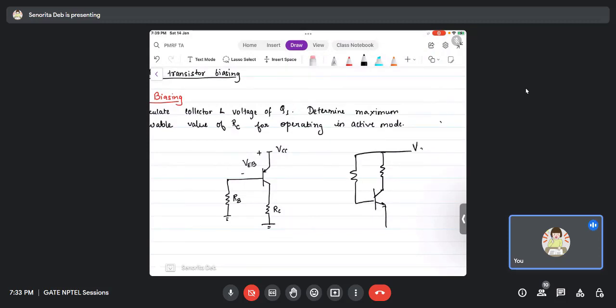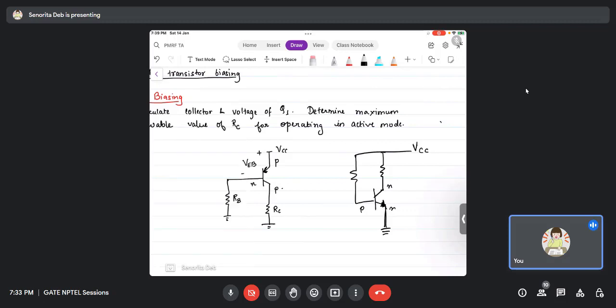Now the difference between PNP and NPN is all with respect to ground, what voltage you have to apply. This is NPN, this is PNP. In PNP this is the emitter resistance, so you see that it is connected to VCC. In NPN, the emitter is connected to ground. Here it is connected to VCC, the highest voltage node.